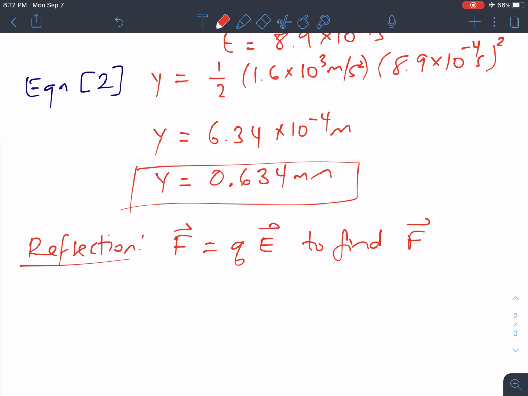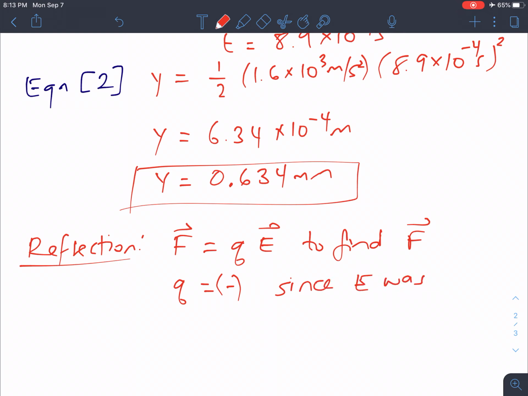Since Q was negative charge, like a bunch of electrons, the electric field and force directions were opposite. F and E point in opposite directions.